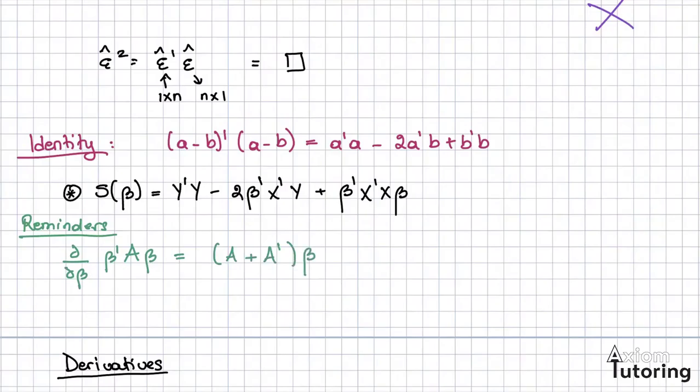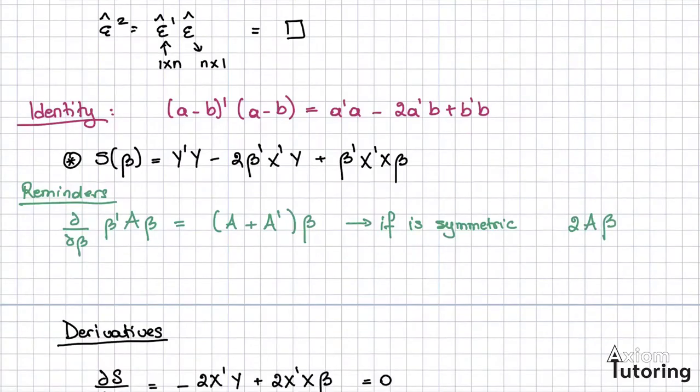Okay? Now, if A is symmetric, then the entire expression is actually equivalent to 2A beta.